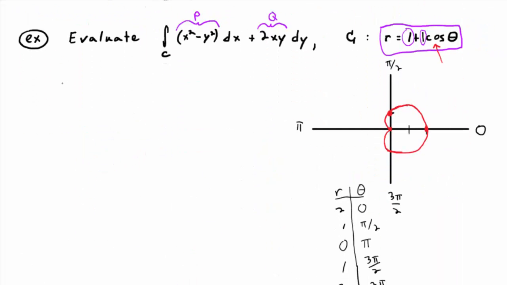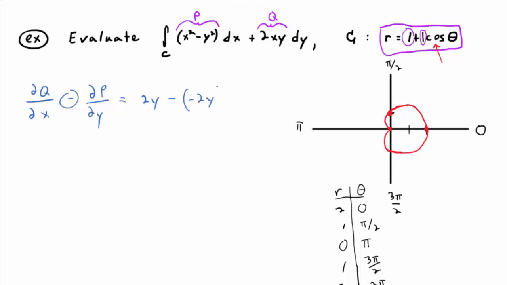So, okay, let me just write out what we're finding. dQ/dx, the derivative of Q with respect to x, it's a partial derivative, so use the funky d notation, minus the partial of P with respect to y. Okay, so what is the partial of Q with respect to x? 2y. Minus, what is the partial of P with respect to y?